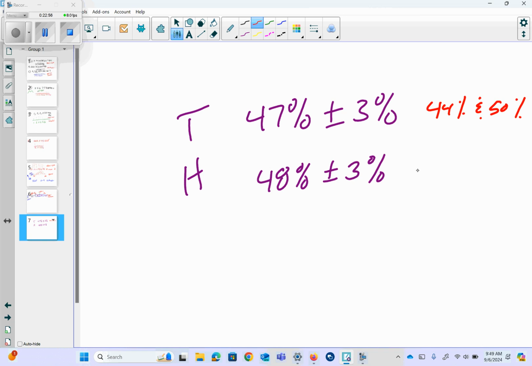This person, initial H, could get between 45% and 51%. Being that these ranges, 44 to 50 and 45 to 51, overlap, that just means the margin of error makes it too close to call. We have no idea.